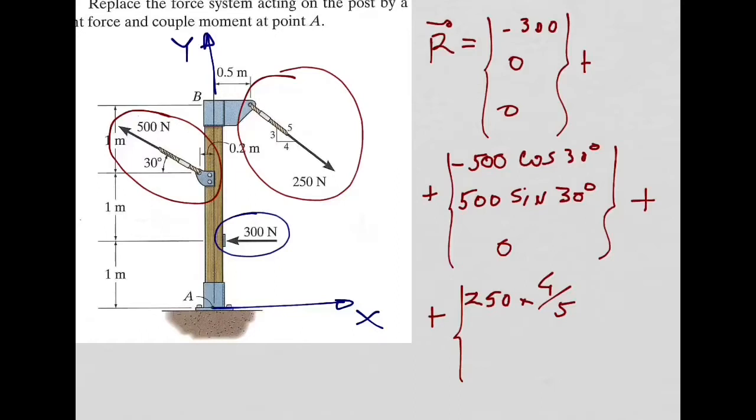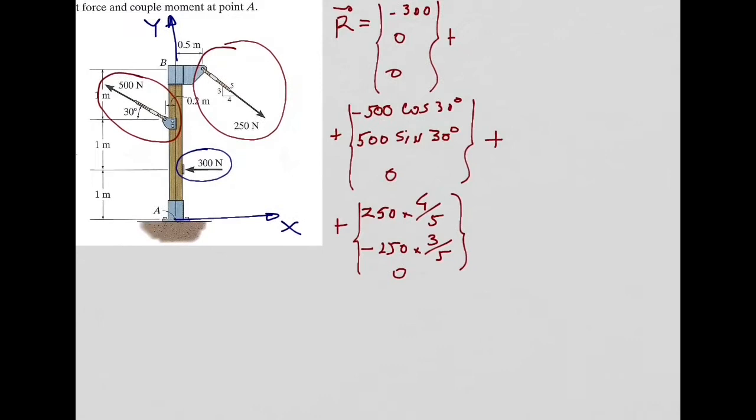Vertical component, how much is it? Is it positive or negative? Negative. 250 times what? 3/5. Z component is 0.